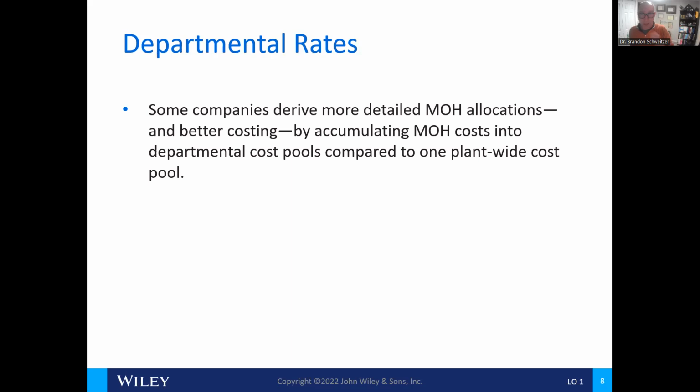In manufacturing overhead costs, it's very important to understand department rates. We had a conversation on departmental costing earlier on, and this concept builds on that.